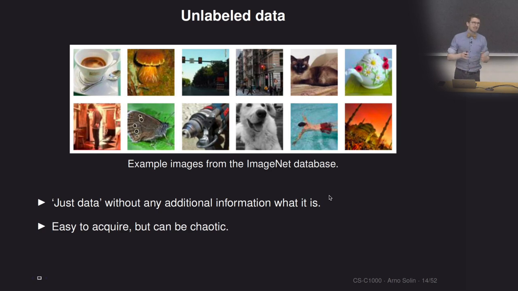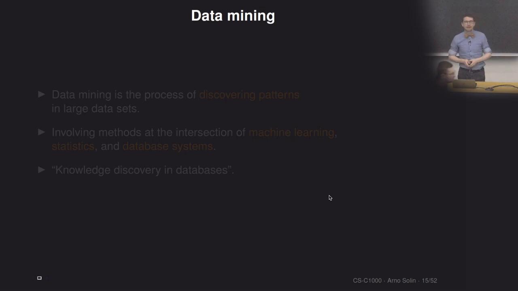And that means that it's easier to acquire unlabeled data. You just go around and take pictures and save the pictures. But then if you were to write tags about who's in the picture and what's in the picture and where the picture was taken, that would take up a lot of time. So unlabeled data is data without any additional information.